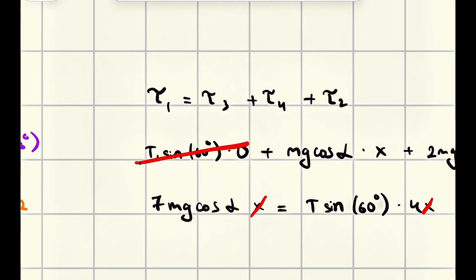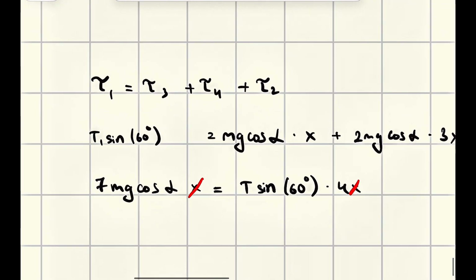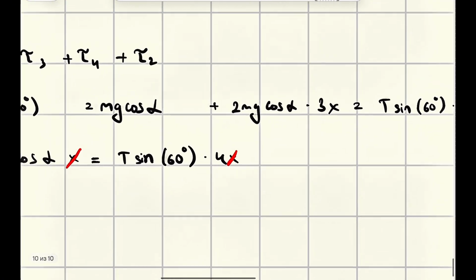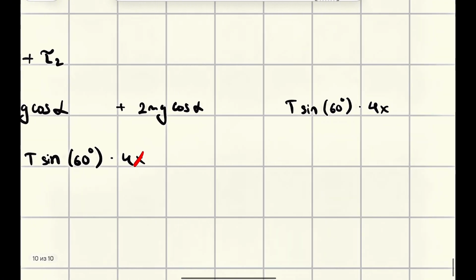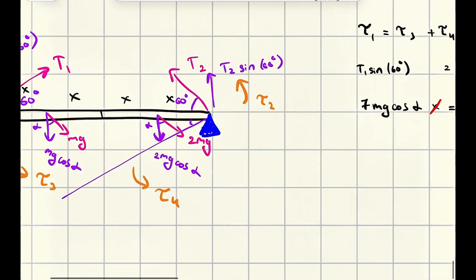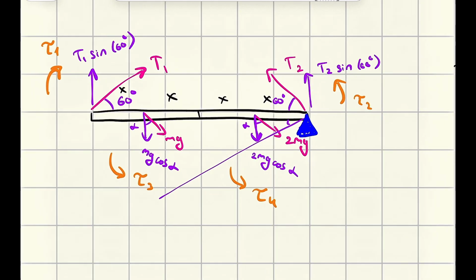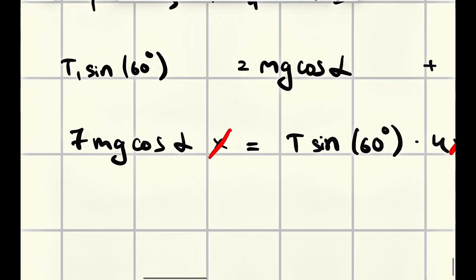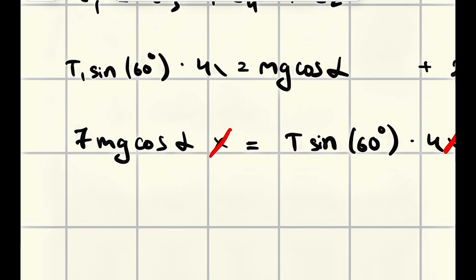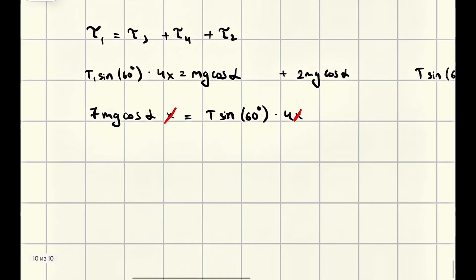Good. For tension 1, right now, it's not 0 distance away. This is going to be the equal sign. The only thing that has changed, the forces are the same, are their distances from the pivot, because we have changed the pivot, right? For tension 1, the distance is 4x right now. Let me move it a little bit further.